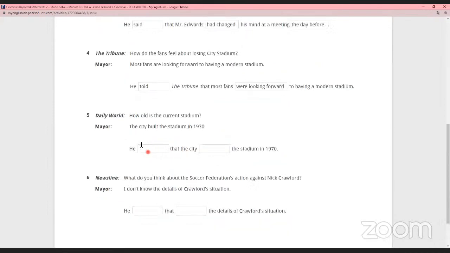Okay, we need to do number 5. How old is the current stadium? The city built, okay, we have built the stadium in 1970.